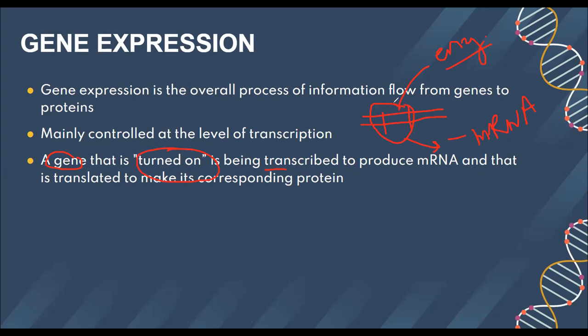We will say that this region of the DNA, the gene for this enzyme, is turned on. It is producing mRNA, which will further be translated into a protein, the enzyme required in a metabolic process at a given time. At this stage we call the gene on, when transcription is taking place.